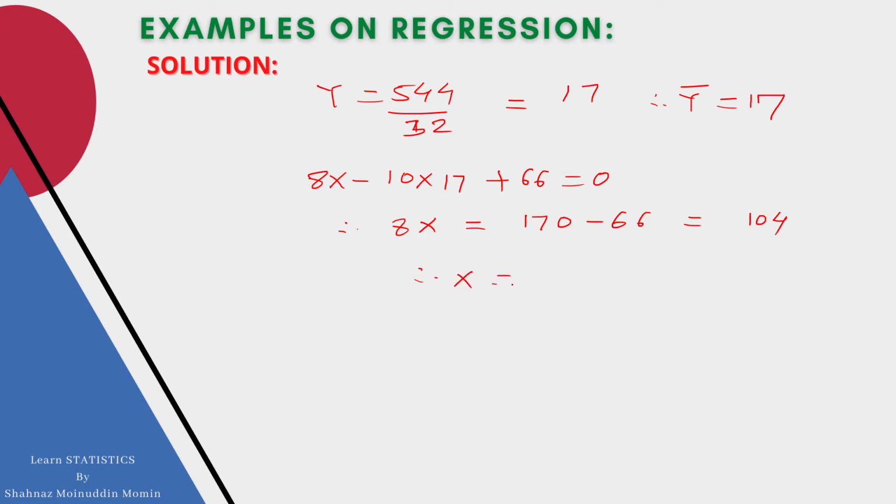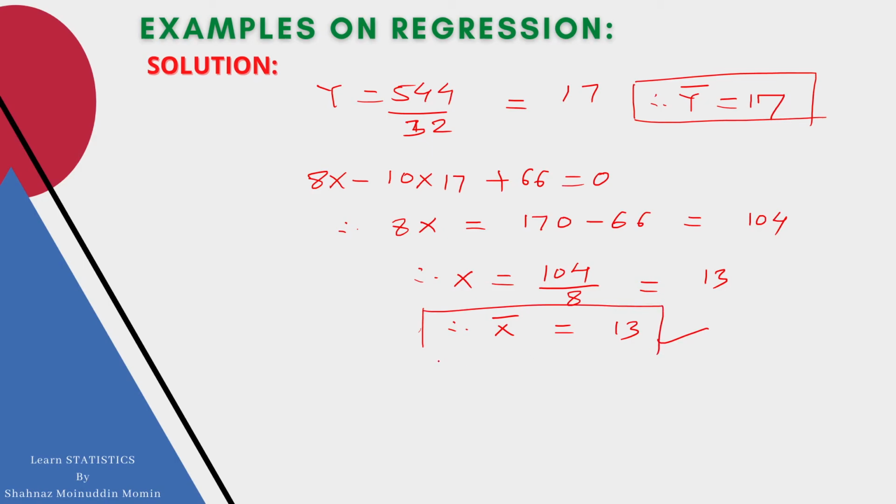Therefore x equal to 104 divided by 8, that is equal to 13. Since the point of intersection is x bar and y bar, hence x bar is 13. So mean of x is 13 and mean of y is 17.